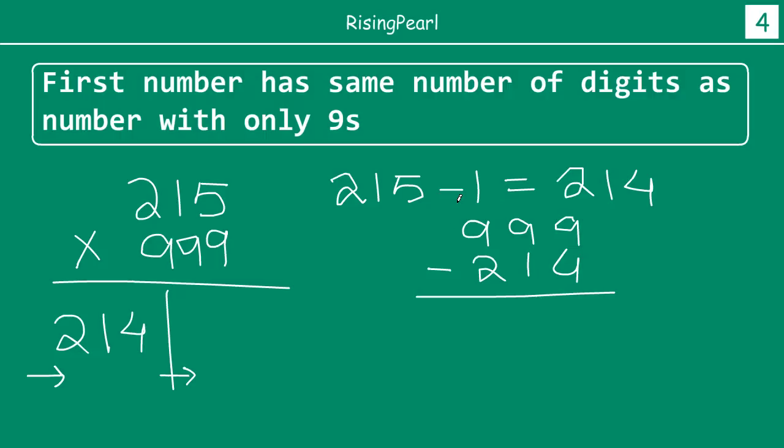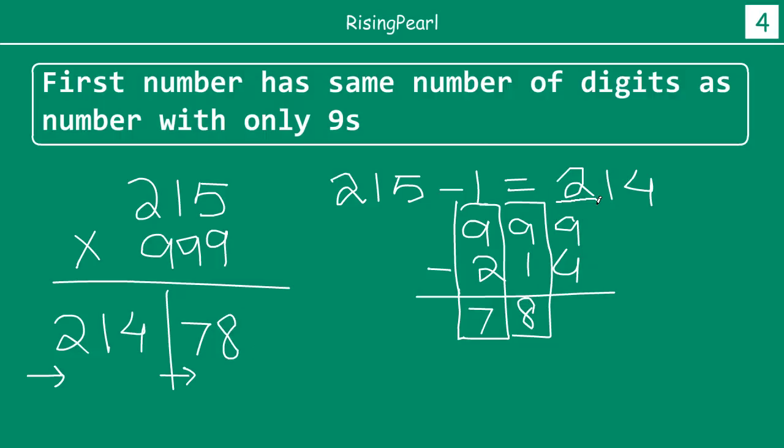So we are going to do this subtraction independently, and whatever we get we are going to write it here. So 9 minus 2 is 7, so we write 7. 9 minus 1 is 8, so we write 8 here. And then 9 minus 4 is 5, and we write 5 here. So this is the answer, which is 214785. That's it, we're done.